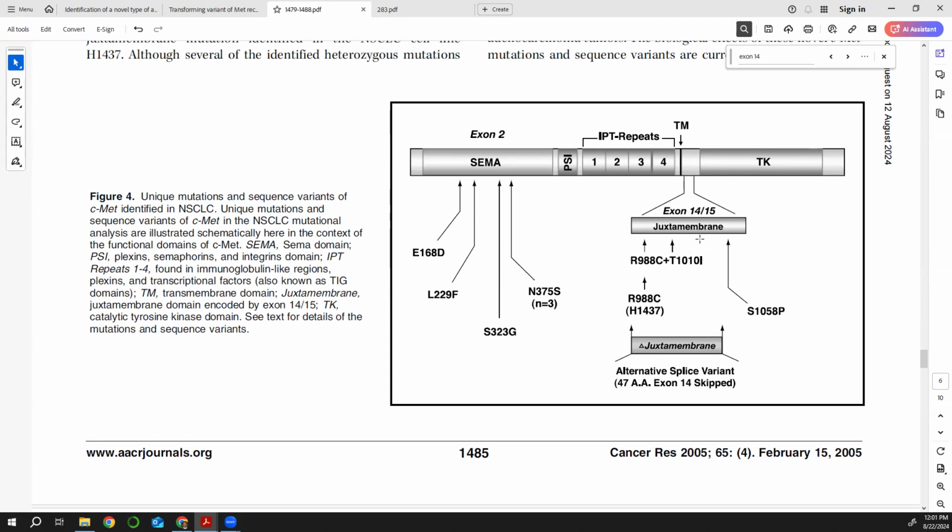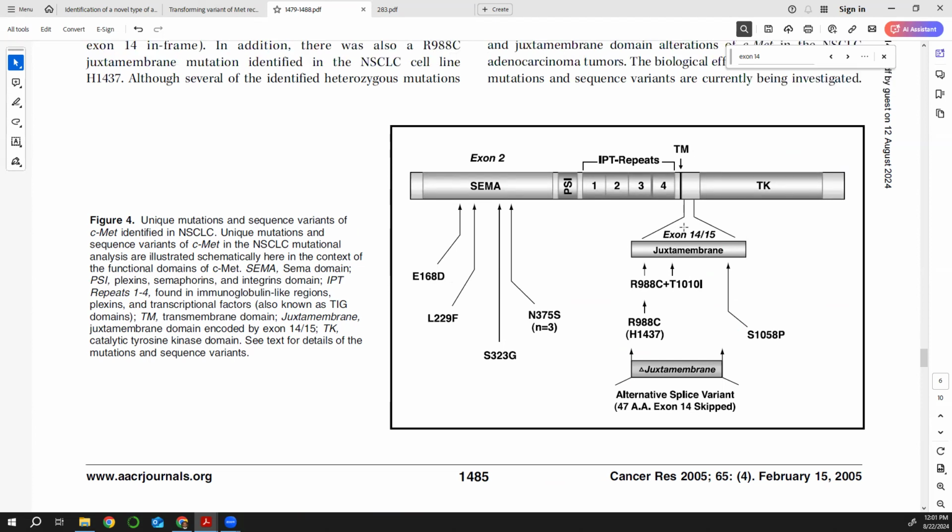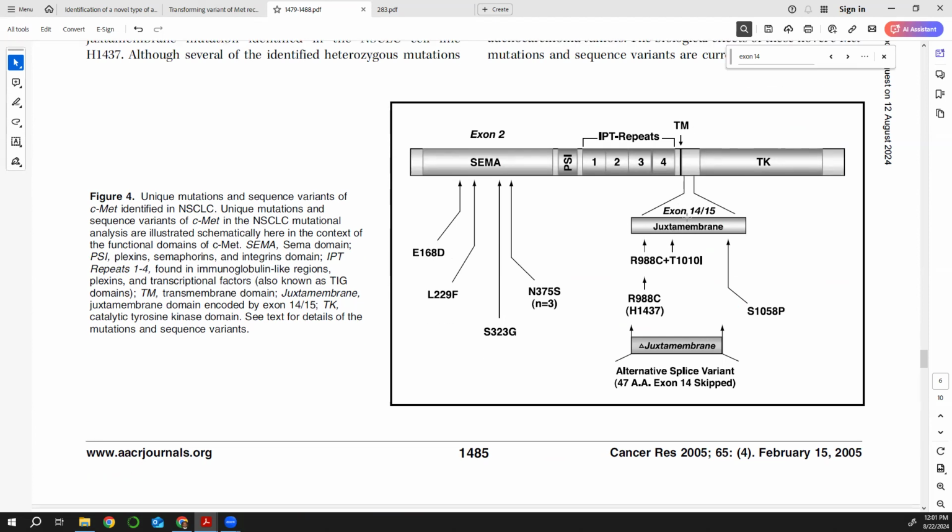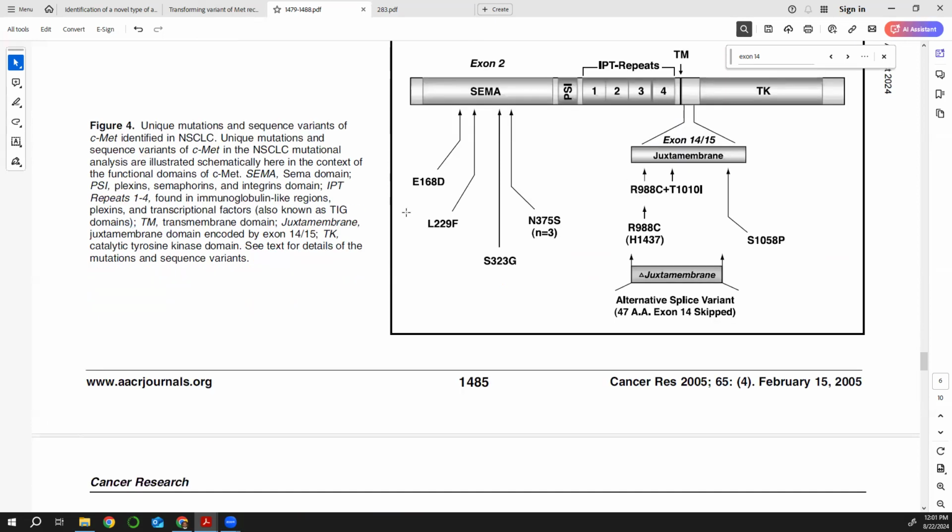Okay, and this is all mediated by a phosphotyrosine, tyrosine 1003, that is phosphorylated and subsequently bound by c-Cbl, which is an E3 ubiquitin ligase. So when the juxtamembrane domain is phosphorylated, which is what happens when the receptor is activated, eventually it'll be bound by c-Cbl, ubiquitinated, and then the receptor will be downregulated.